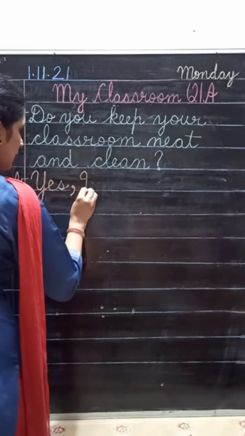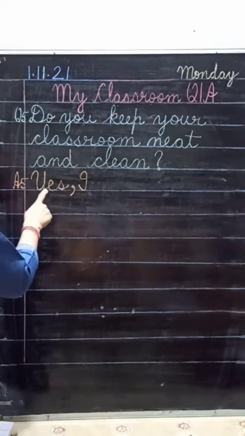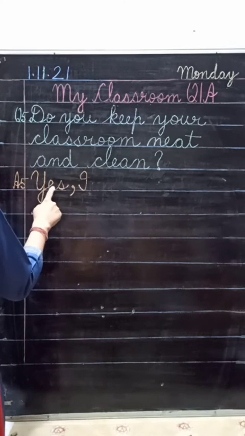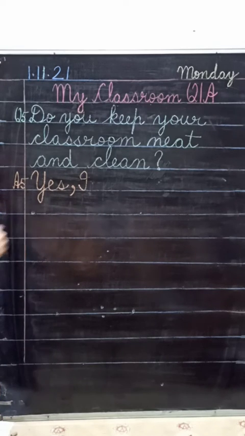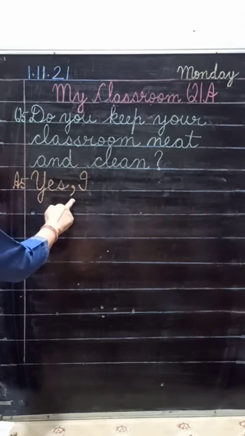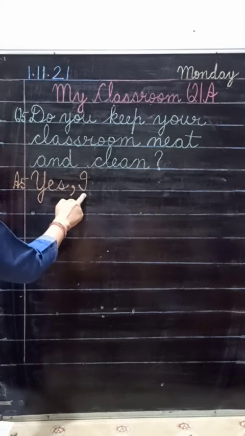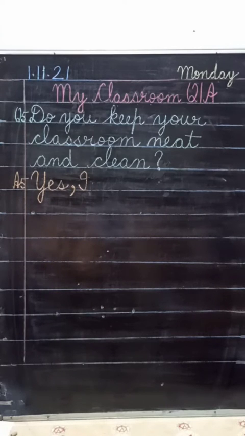I, capital I, yes. Why we have put a comma here? Because after yes, we are giving a little pause. That's why we are putting a comma here. Yes, I will be capital. Why? Because we are talking about our own self.